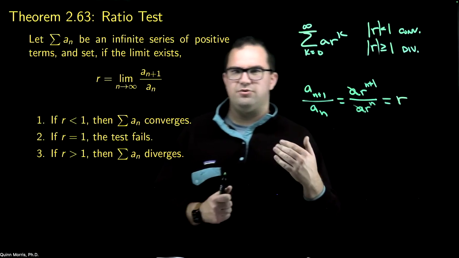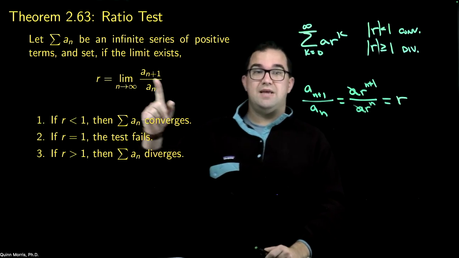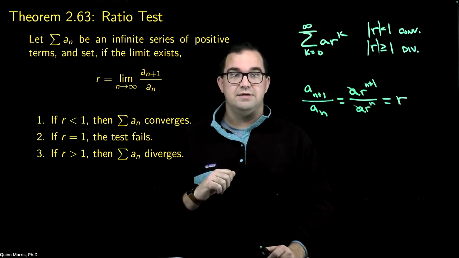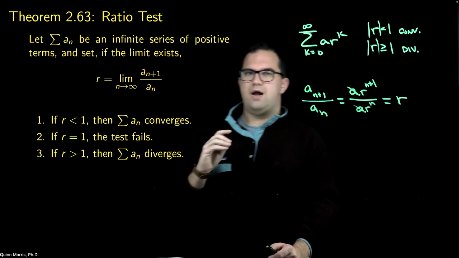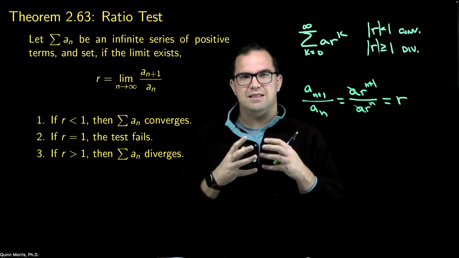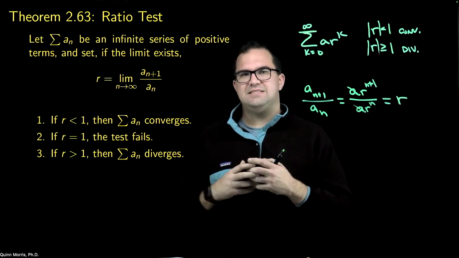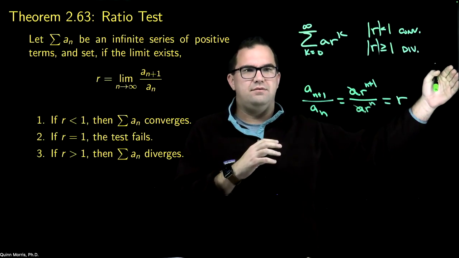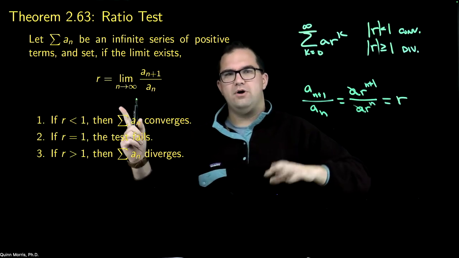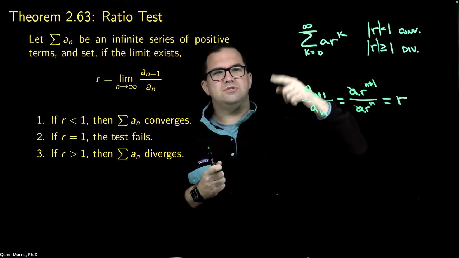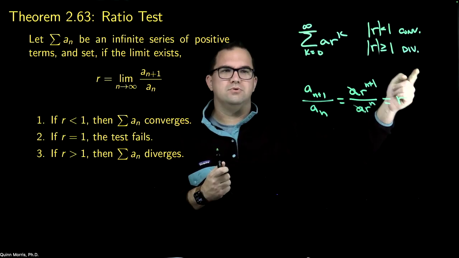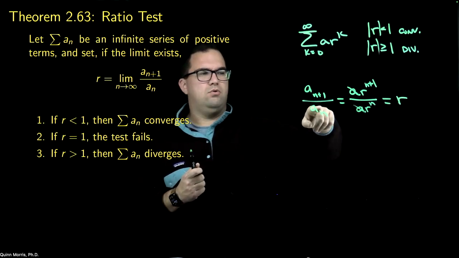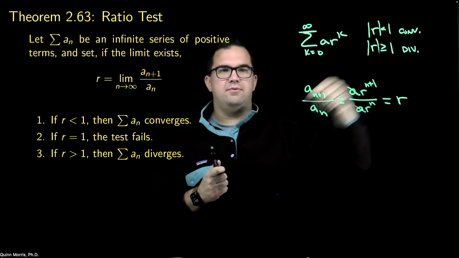Now, what is the ratio test doing that's different? The ratio test doesn't just apply to geometric series. In a lot of ways, what it's trying to do is encapsulate the idea that a sequence could be almost geometric in the limit. So as we go far enough out, the terms are almost multiples of each other, so it's almost like they have a common ratio.